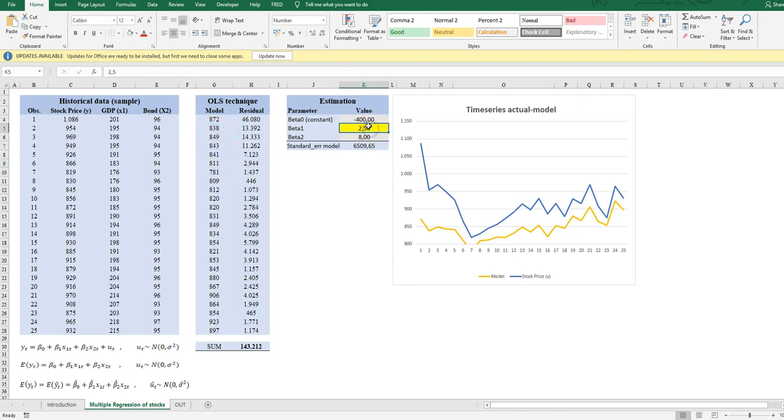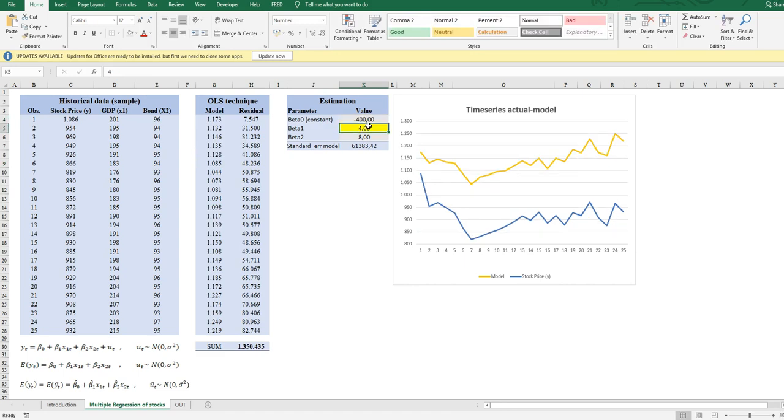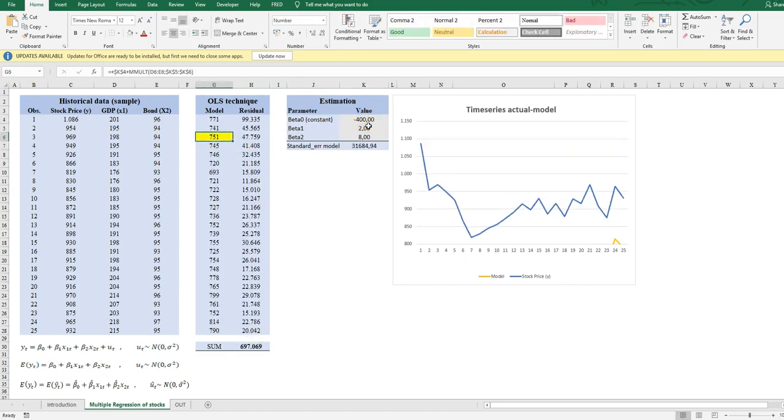Okay. And now we have a residual, which is defined as the difference between the actual price and the model price.